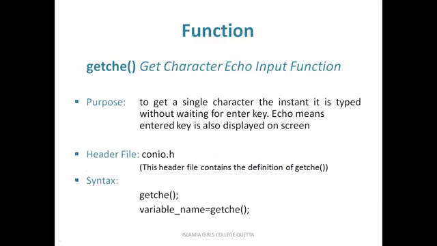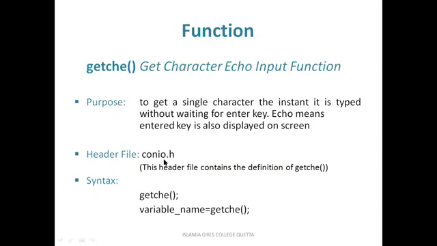Now the next, and the last one in this lecture, is getche. It is also get character, but the E stands for echo. It means it gets a single character the instant it is typed without waiting for the enter key, unlike scanf which waits for the enter key. And echo here means that the character which you are typing will also be displayed on the screen.